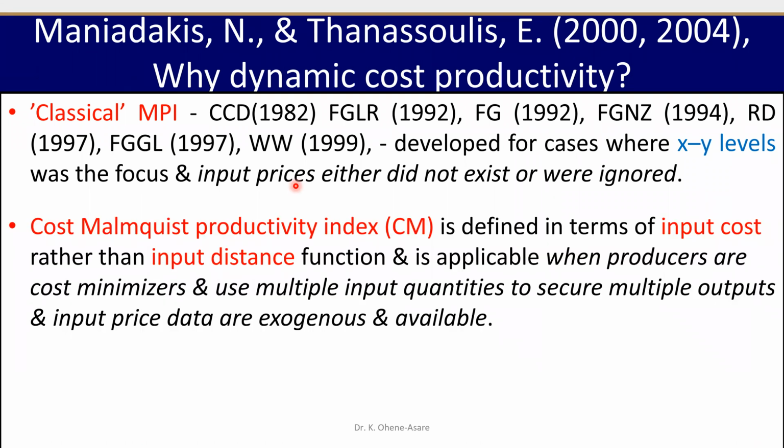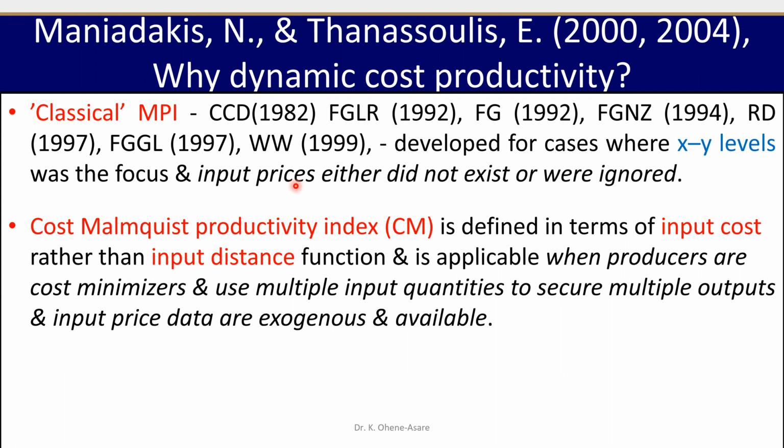Because to estimate the cost Malmquist productivity, that index requires that you incorporate input prices. So it uses the input costs rather than the input distance. So it uses the input cost distance function. And it assumes, which is practical though, that producers are cost minimizers.